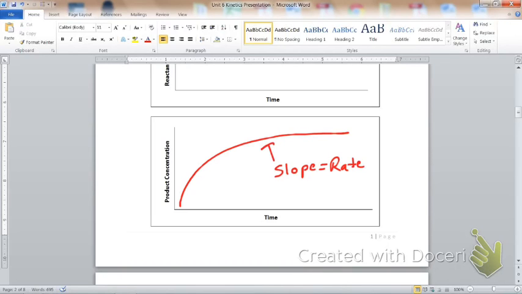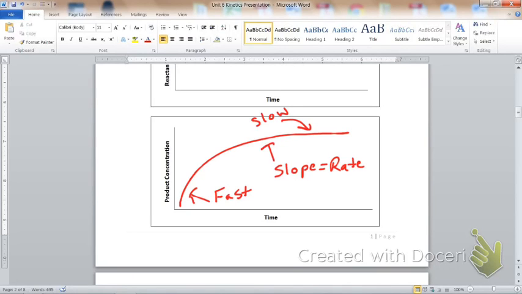So what we're finding here is initially the rate at which we make product is fast. We're making a lot of product really quickly. But then as time goes on, the amount of product that's formed begins to slow down. That's because we're running out of reactant, and when we run out of reactant, obviously we can't make more product. And so the rate of product development begins to slow down. All right? So this is what it looks like with product concentration versus time.